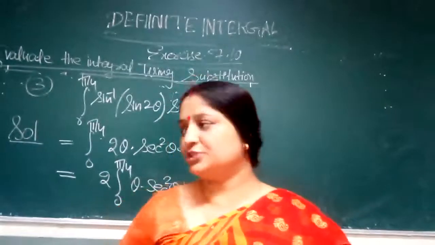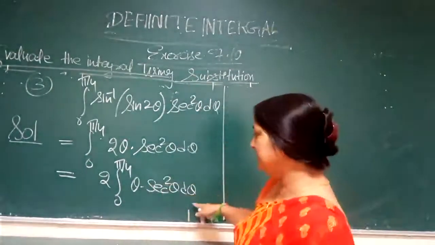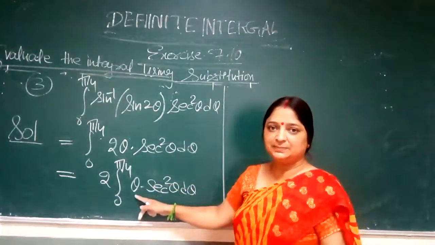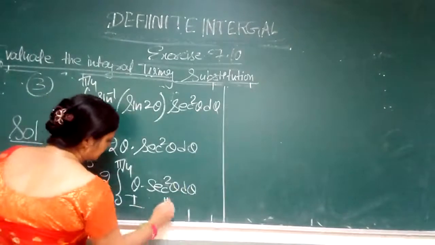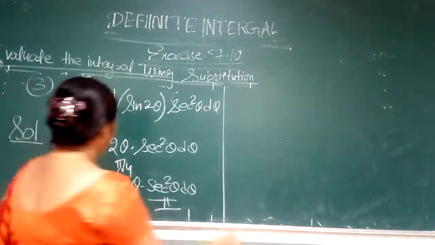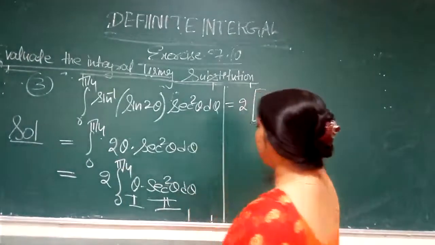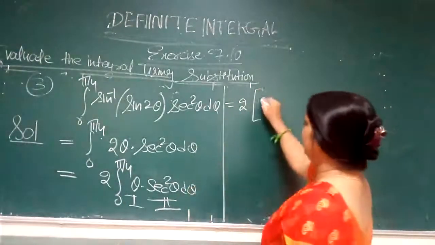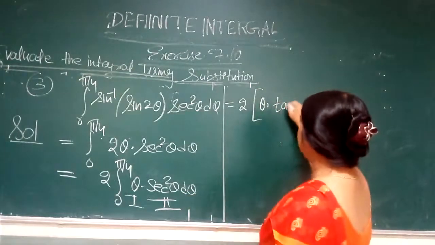I means inverse function is not there, L means logarithmic is not there, then algebraic, theta is algebraic. This is trigonometry. So take theta as the first and this as second. Now what will come here? 2 is outside the integration. First as it is, integration of sec square theta, that is tan theta.